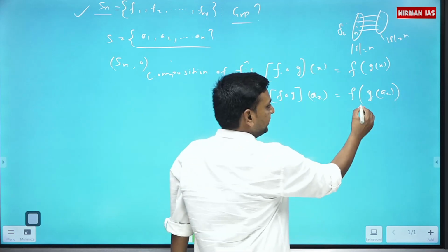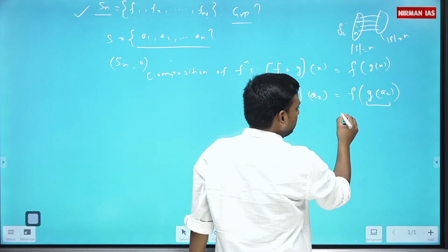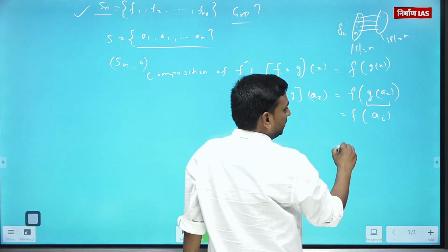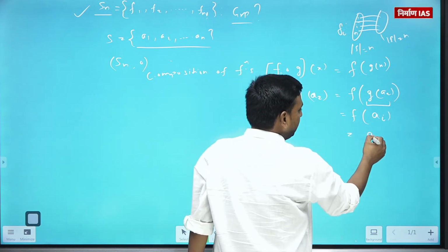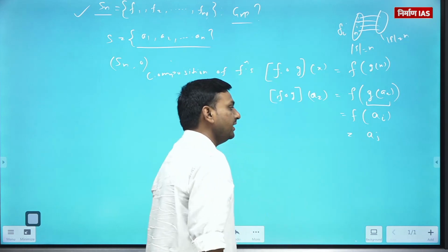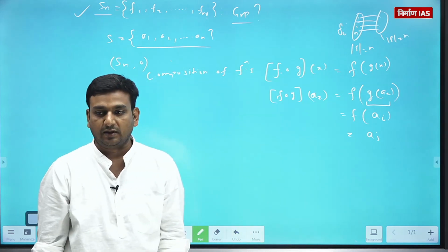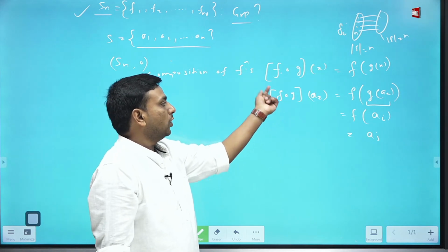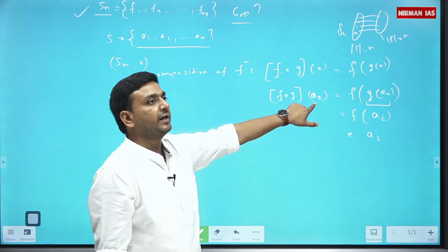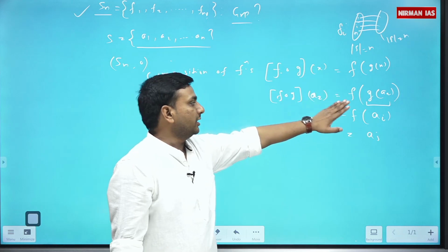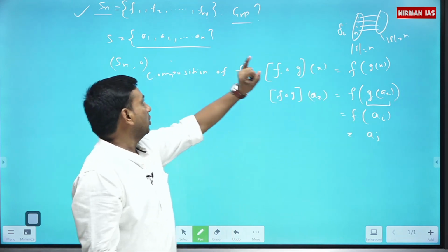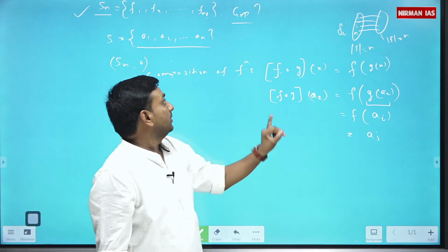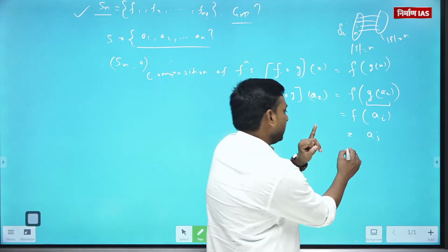Let's say g of a2 comes out as some ai, and f of ai comes out as aj. Getting my point? That means f o g of some arbitrary element gives some element aj of the set.